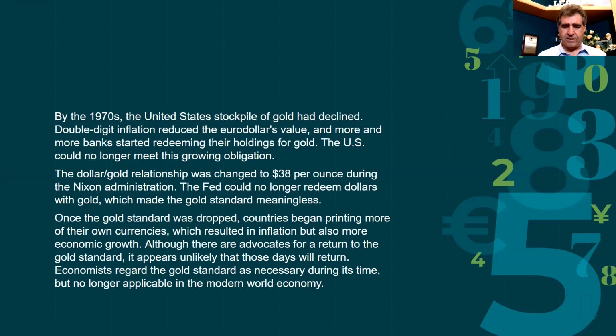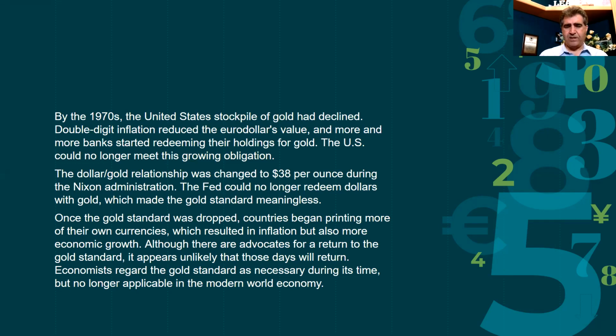Now, I'll go a step ahead. In 1971, Nixon decided that they were going to move on from the gold standard, and that's where the free float started happening, which we'll discuss a little further down the road. Once the gold standard was dropped, countries could begin printing more of their own currencies, which resulted in inflation, but also more economic growth because they had more control.